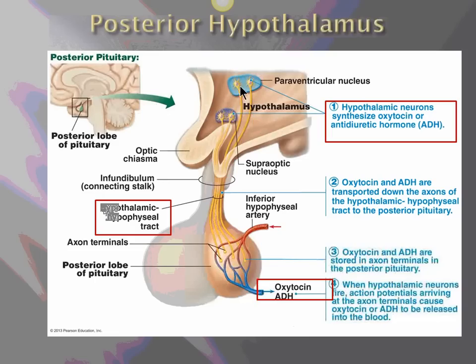They are present in the posterior hypothalamus, and they produce two hormones known as oxytocin and antidiuretic hormone. Another name for antidiuretic hormone is vasopressin. You might want to think about what vasopressin would mean. What do you think vasopressin means?